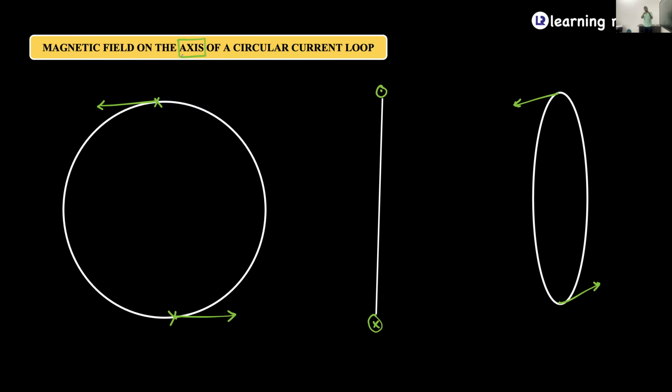So when you look from this direction, how is the axis? The axis cannot be seen. In this orientation of the circular loop, you will not be able to see it as a line. Rather, you will be able to see it only as a point.